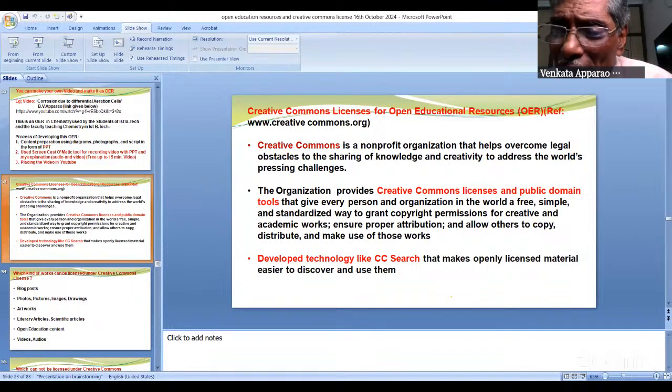There are books which are of greater quality than the commercial books, books under OER. There are many examples of greater quality than the books published under Copyright Act.